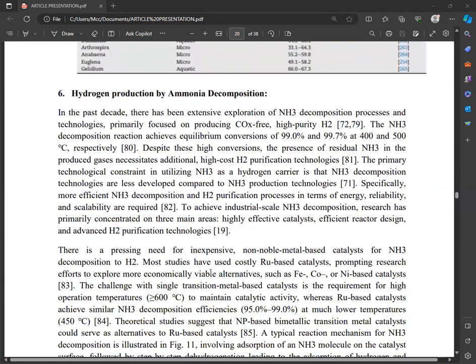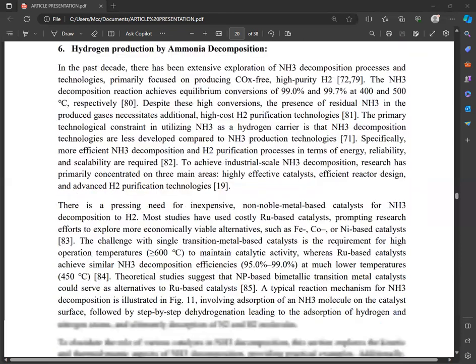The sixth method of generating hydrogen is by using ammonia decomposition, and it is the most widely used method in the past decade. There has been extensive exploration of ammonia decomposition processes and technologies, which primarily focus on producing COx-free, high-purity hydrogen.